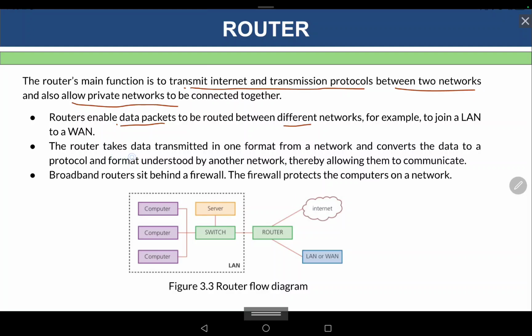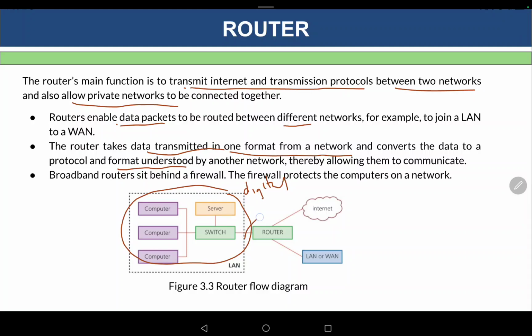Okay, so a router takes data transmitted in one format from a network and converts the data to a protocol and format that can be understood by another network, thereby allowing them to communicate. Now, for example, the data that is coming out from your network is digital data.